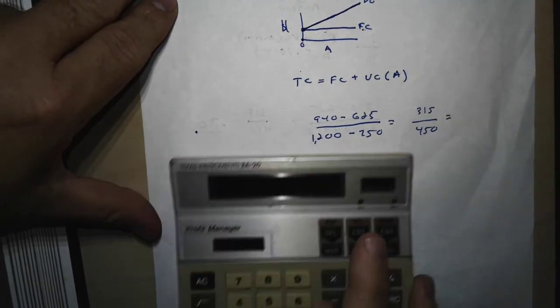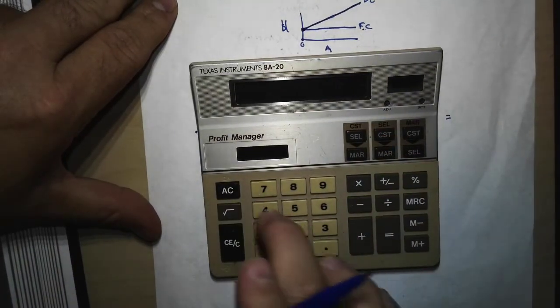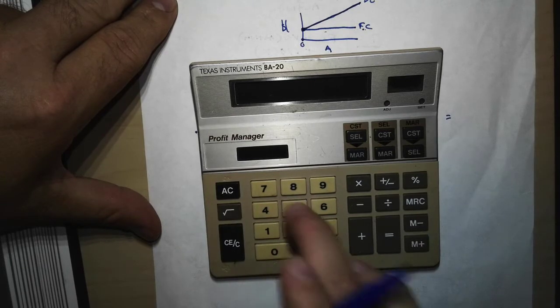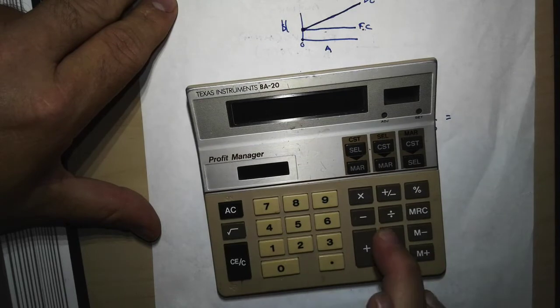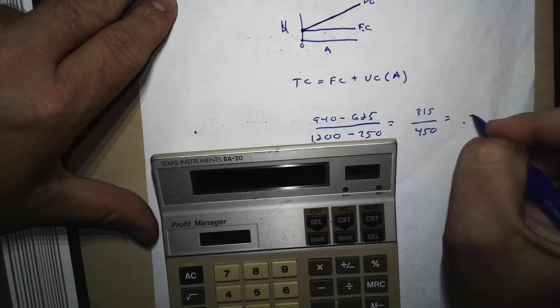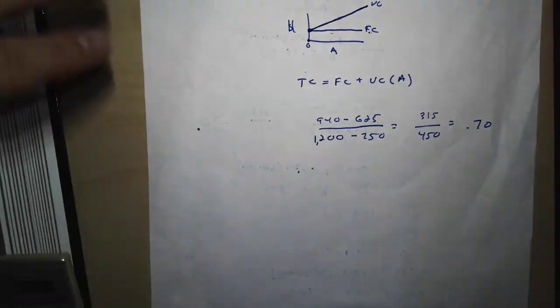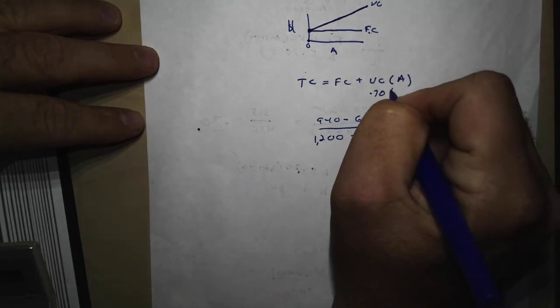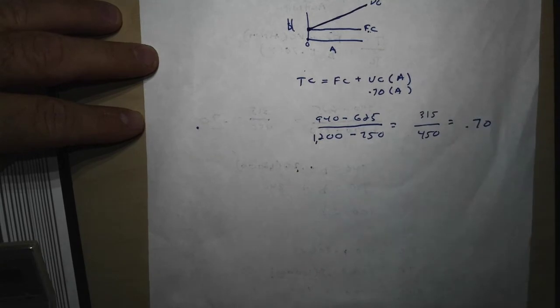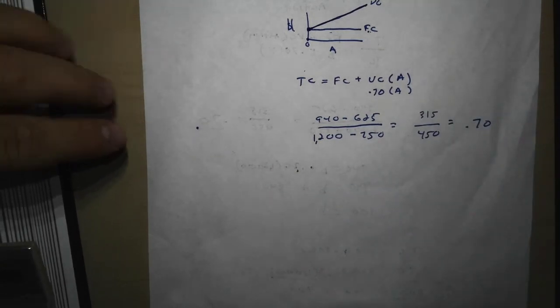And I believe that's going to give us 315 divided by 450 is 0.7. Okay, so that's the first part of information that we need. We're going to plug 0.70 in as our variable cost factor. Okay, so now we know one piece of information.